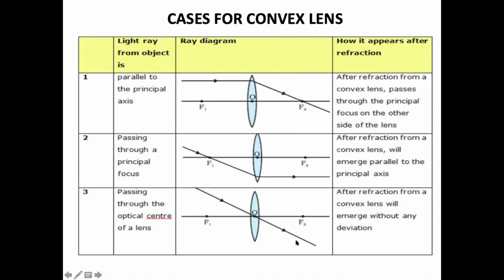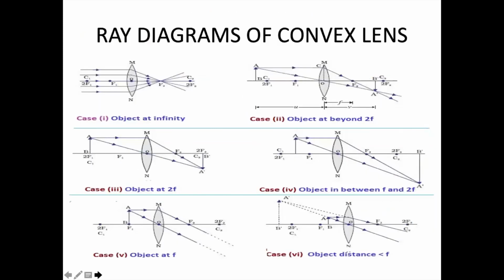So the rules for the convex lens: rule number 1, when the ray is parallel to the principal axis, it will pass through the focus. When the ray is passing through the focus, it will be parallel to the principal axis. And when the ray is passing through the optical center, it will always go straight.